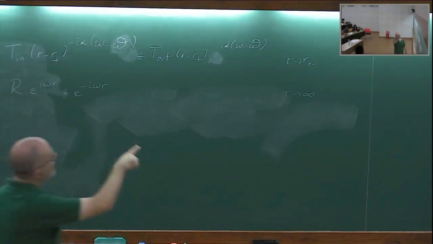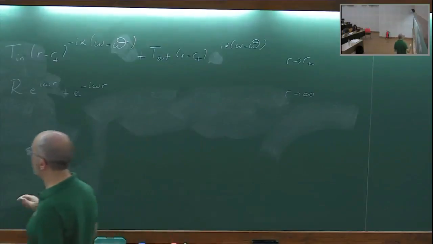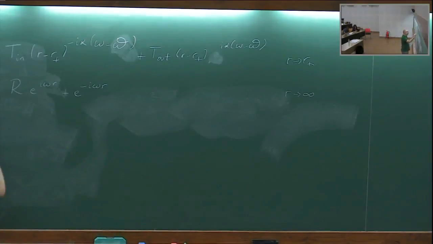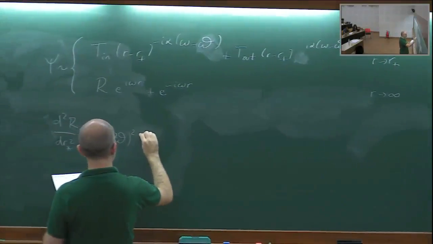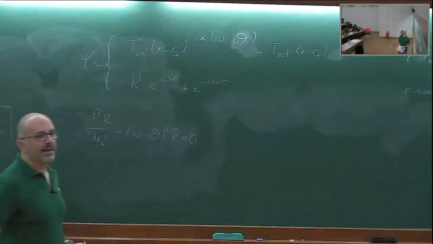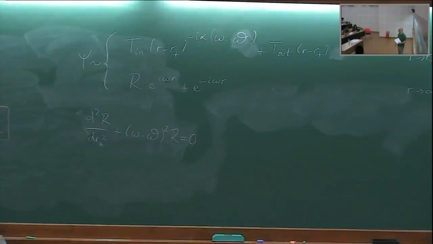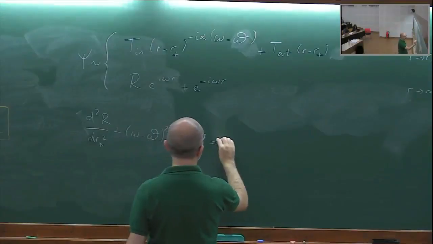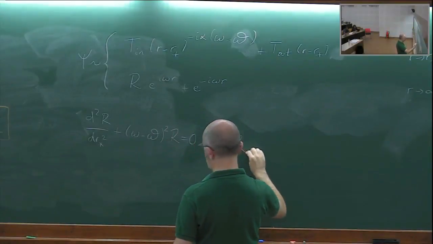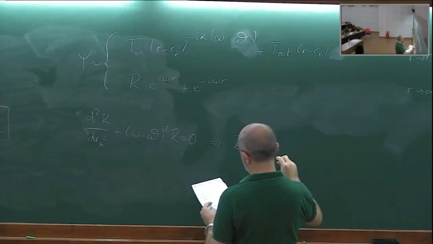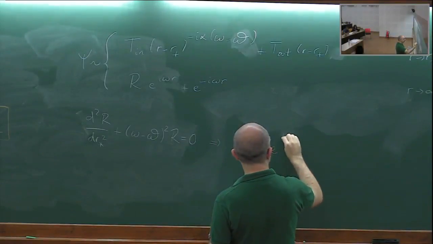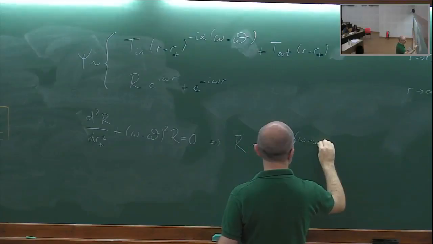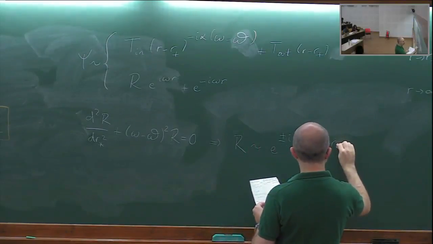So if you can't see the condition up there, let me clarify. Basically what I'm saying is that because I have this, this is the limit of the wave equation close to the horizon, right? So from this it follows that R_lm goes like e to the plus minus i (omega minus varpi) r star.